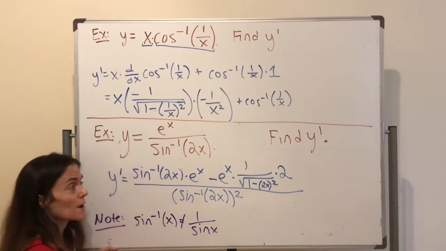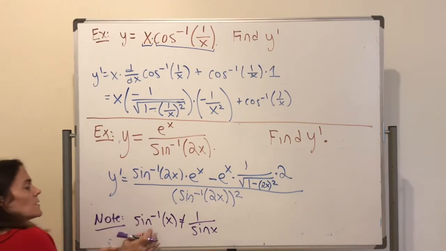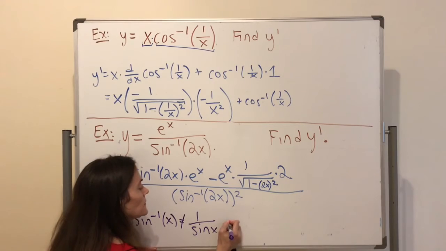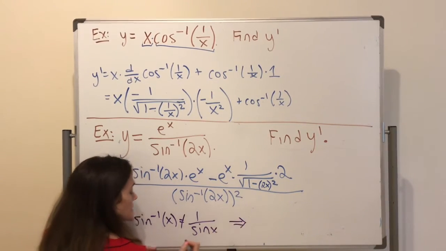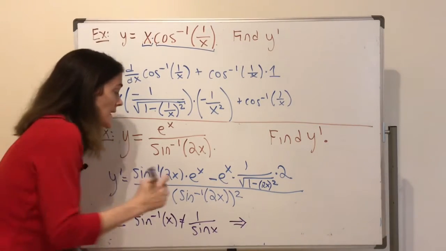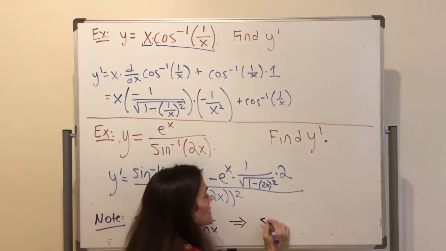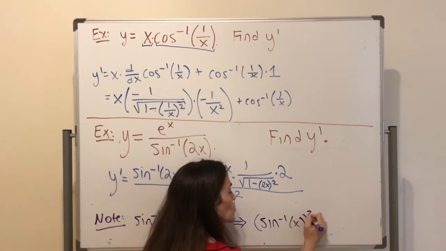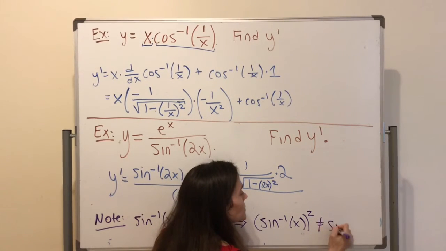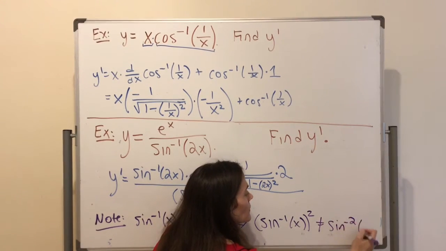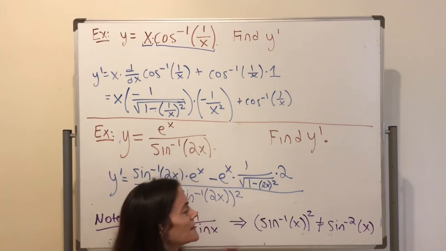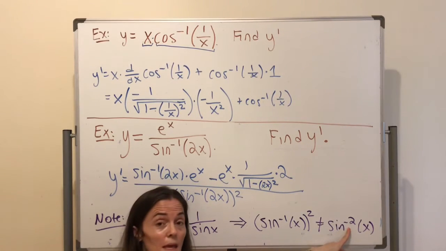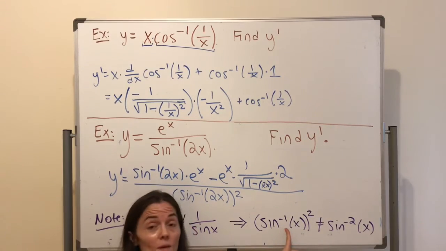It does not mean 1 over. And because of this, if you have sine inverse of x squared, this is definitely not equal to 1 over sine squared of x, and that is not what this means.